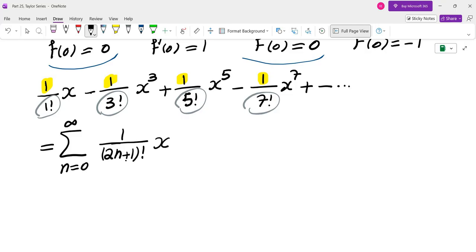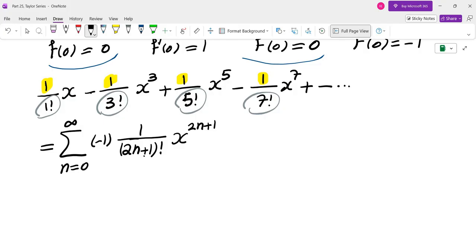Now, we also have a power of x. The power of x is the same as the factorial, so this is 2n plus 1. And then we also have a plus minus sign. Plus minus signs are often obtained by powers of negative 1. Negative 1 to an even power gives you plus 1, negative 1 to an odd power gives you minus 1.